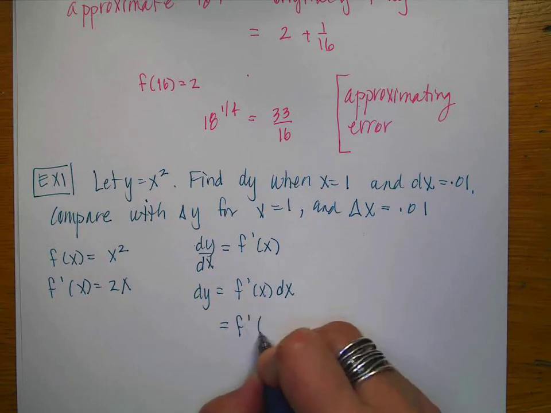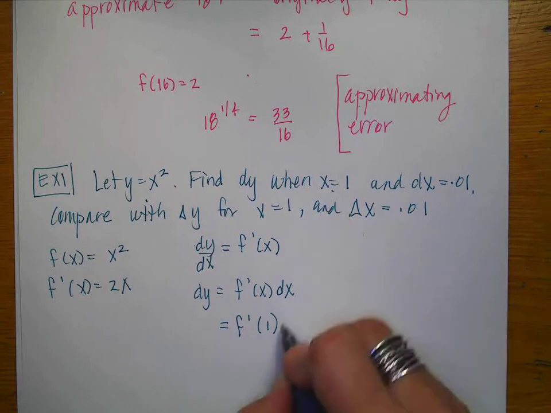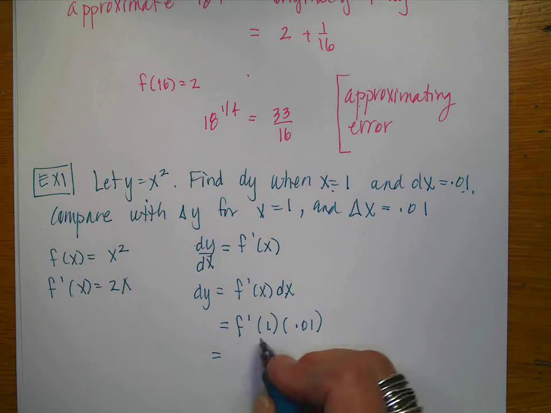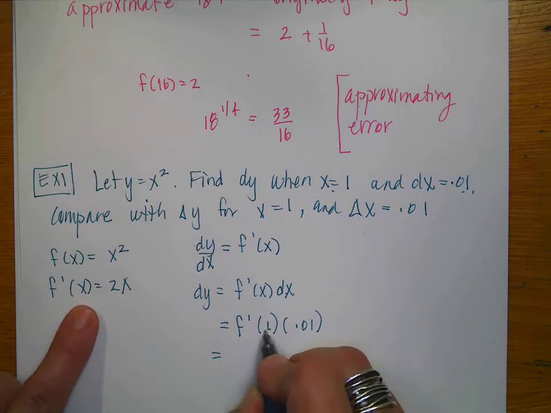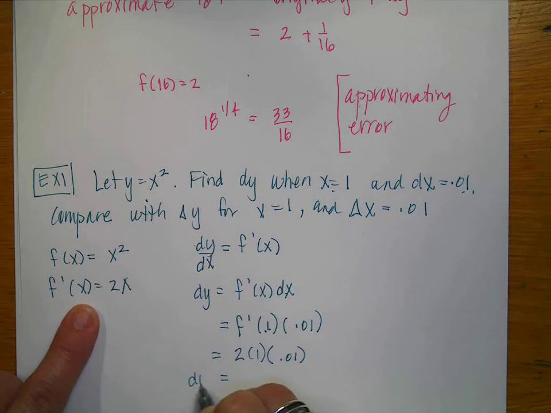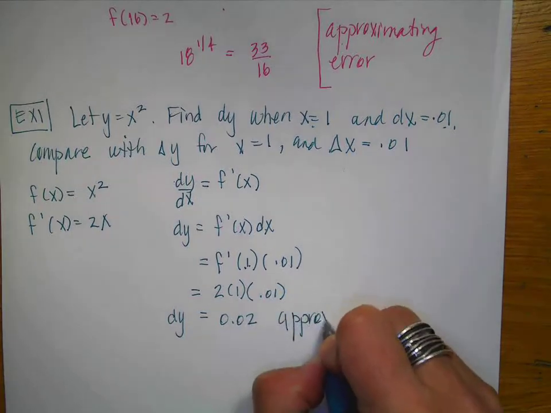So I want to evaluate f prime of 1 because that's where I'm making my prediction, and then I'm going to multiply by dx, which was given as 0.01. So f prime of 1 is going to be 2 times 1 times my delta, 0.01. And so dy is 0.02. This is going to be my approximation of change.